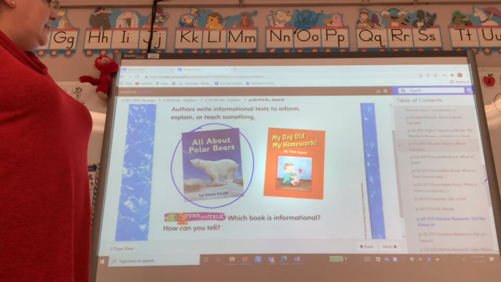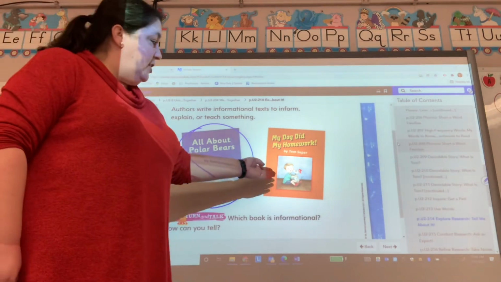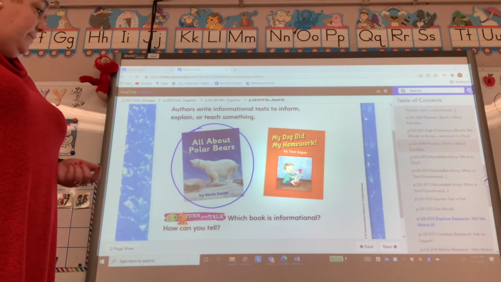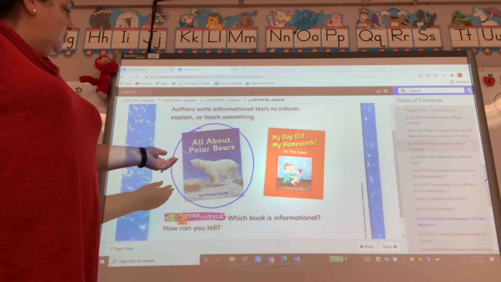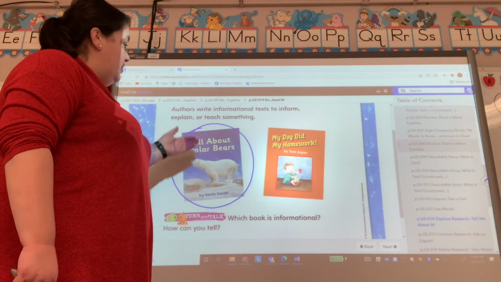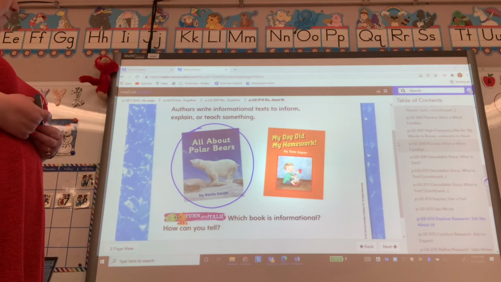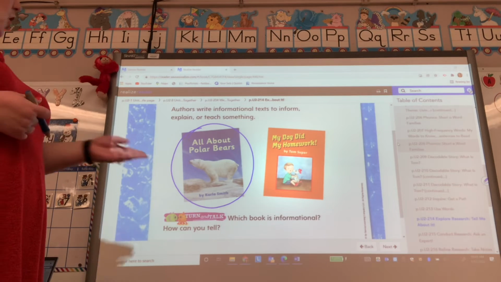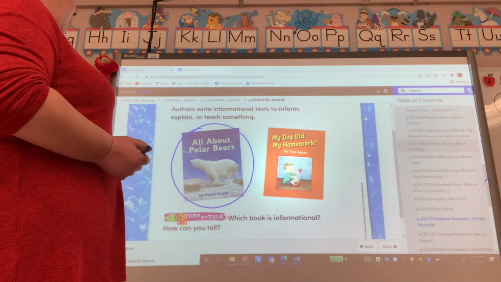Well, first of all, you can tell because it is a real picture of a polar bear. This is a cute little picture, but it's a cartoon, it's a drawing. Someone illustrated it, remember? We talked about that word illustrate. Also, in the title, it tells us all about polar bears. The whole story is about polar bears. The purpose of Carla Smith writing the story was to tell us about polar bears.